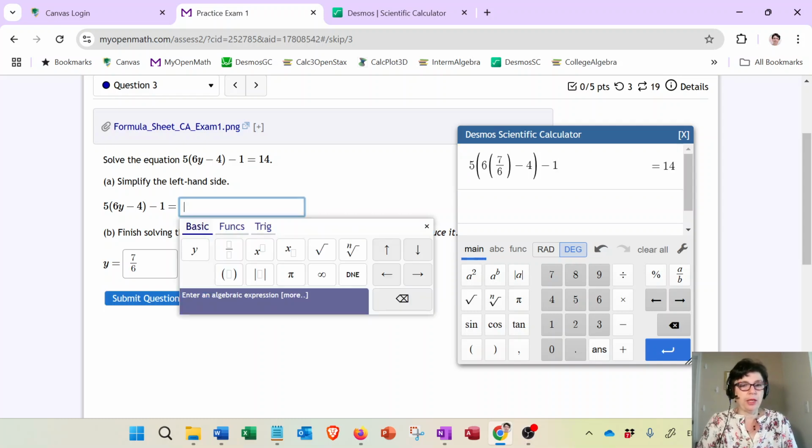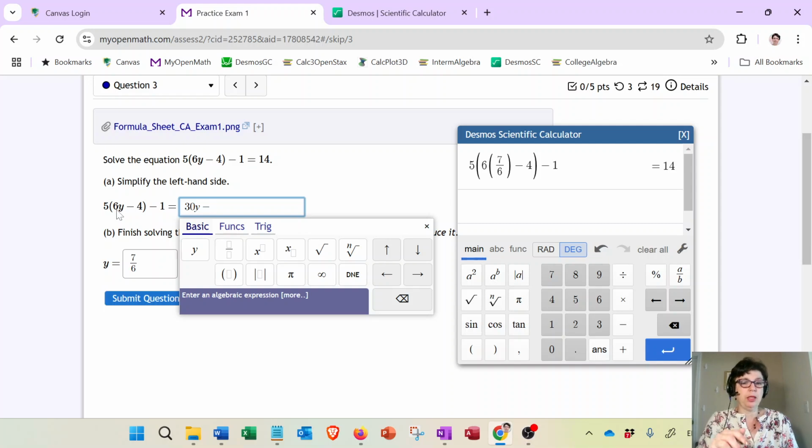So the only other thing I've got to do is, I guess they want me to demonstrate that I know the distributive law. Now, I didn't really use it when I was solving the equation, but I guess that would be another way you can do it, is distribute. So 5 gets distributed to both terms. So 5 multiplied by 6, that's 30, and it's going to be 30y.